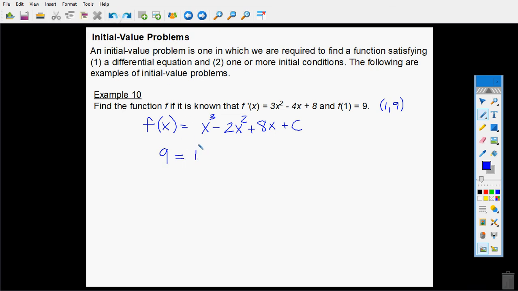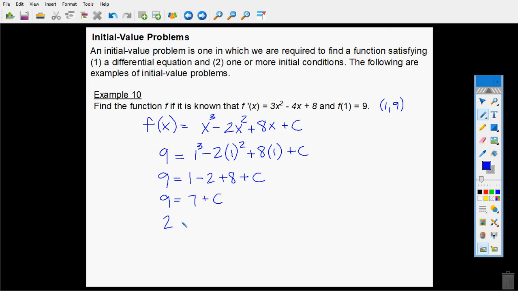If 1 goes in, and I get 1 minus 2 plus 8 plus c is 9. Negative 1 plus 8 is 7.